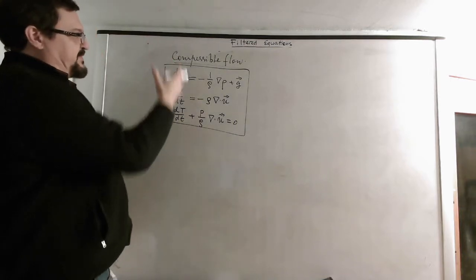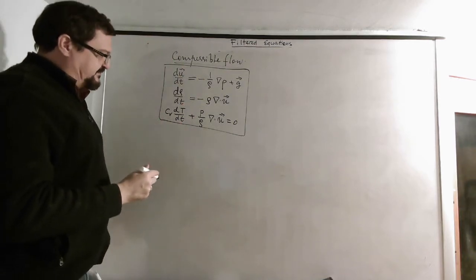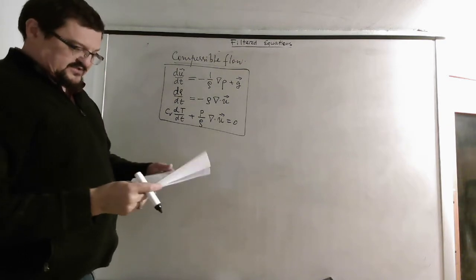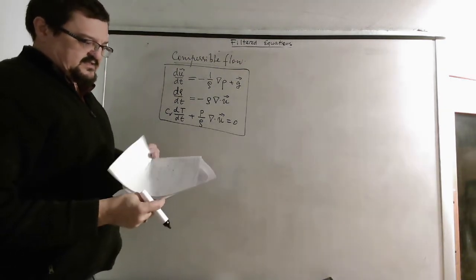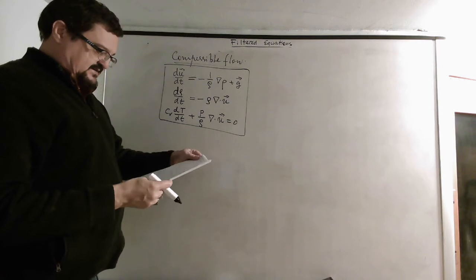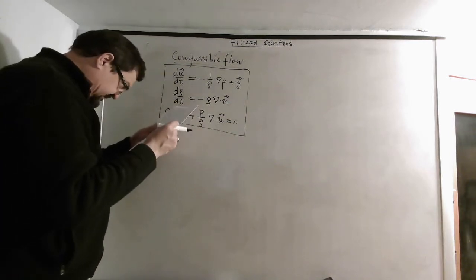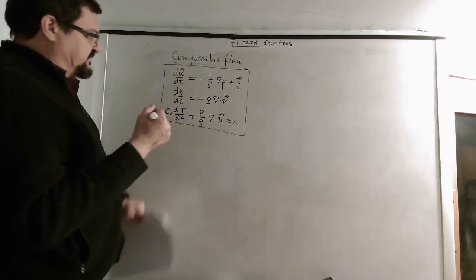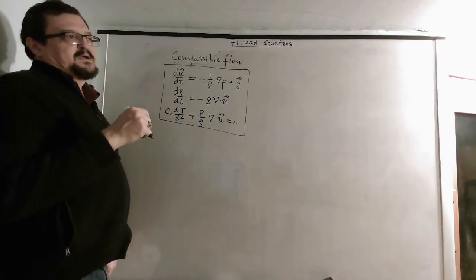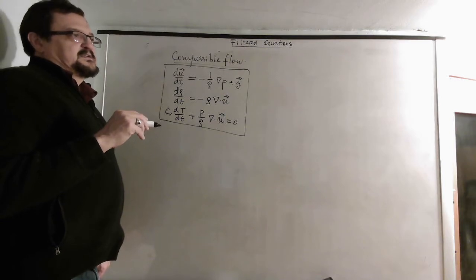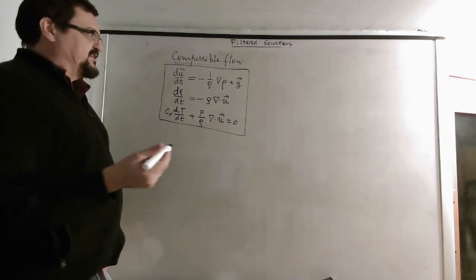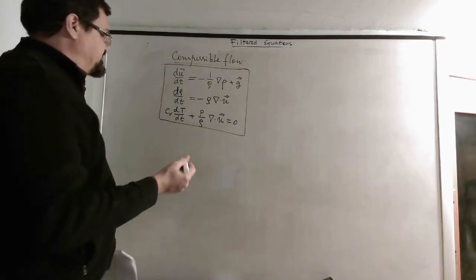Now compressible flow equations can also be written using Exner functions, and some models actually use that formulation. It's used almost exclusively in meteorology because it's based on potential temperature.